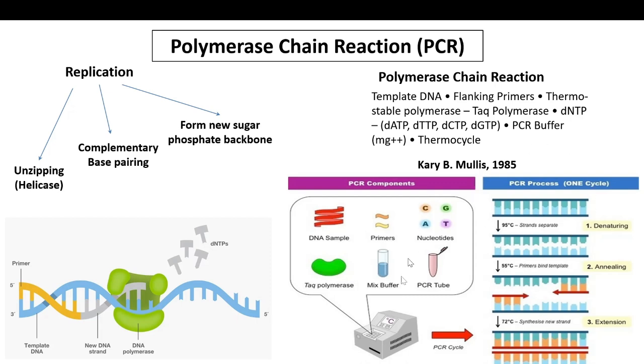As I discussed, the Taq polymerase has optimum enzyme activity at 70 to 75 degrees Celsius. So at what temperature your primer will anneal to the template or target DNA sequence depends upon many factors such as the GC content and the Tm of your primers. So on the basis of that, you need to optimize your annealing temperature.